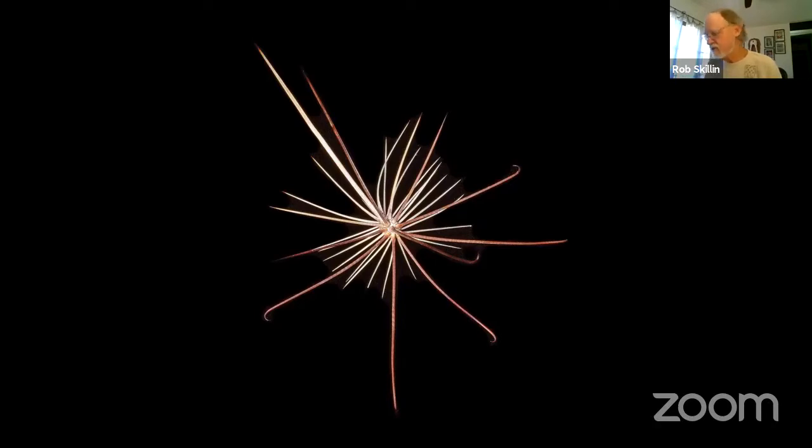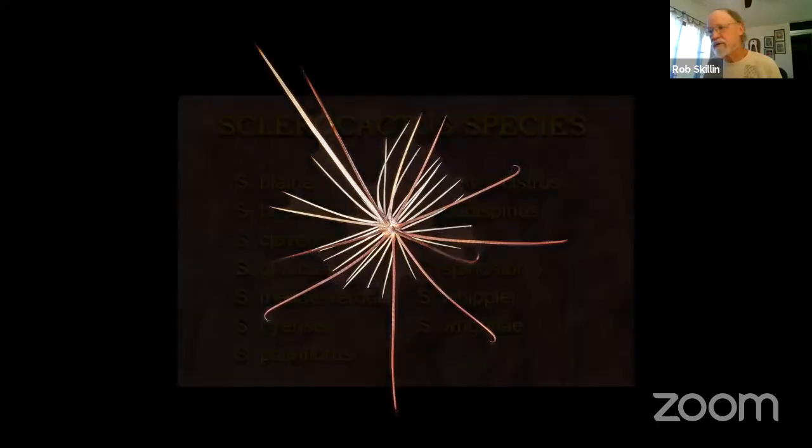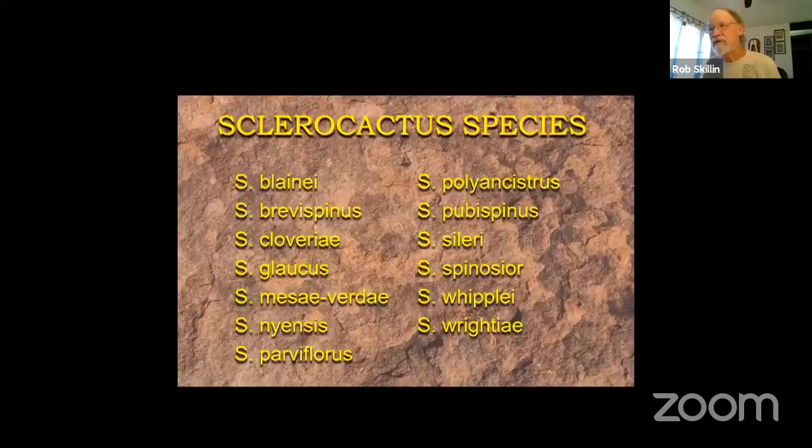So let's go on to the next slide here, and we're seeing all the different species of Sclerocactus as described by Heil and Porter in the second edition of Haseltonia back in 1994.